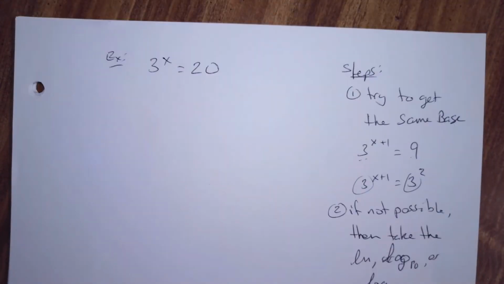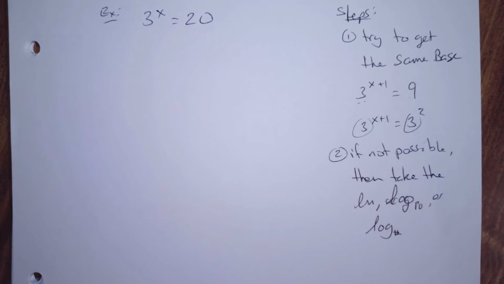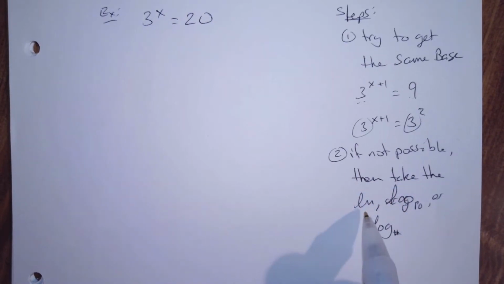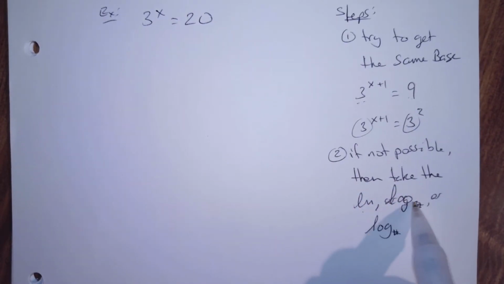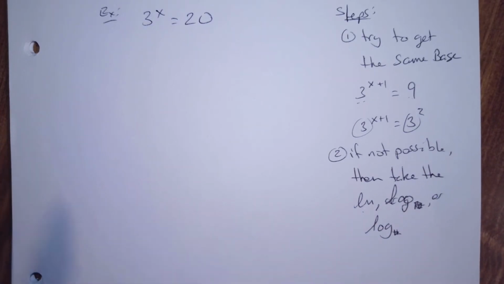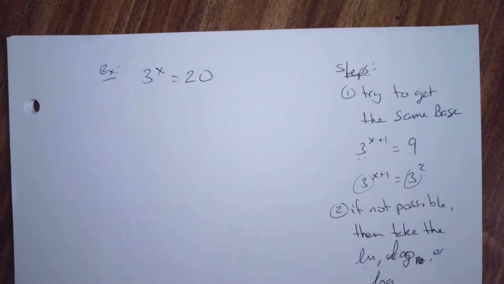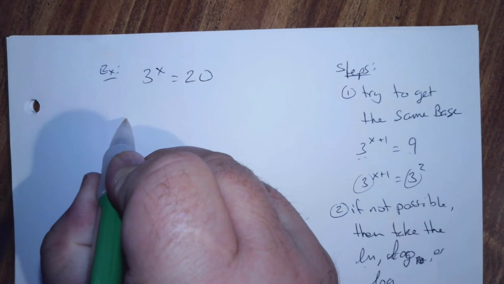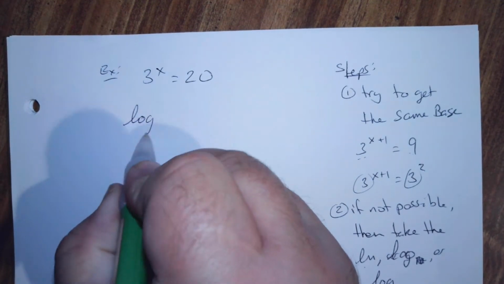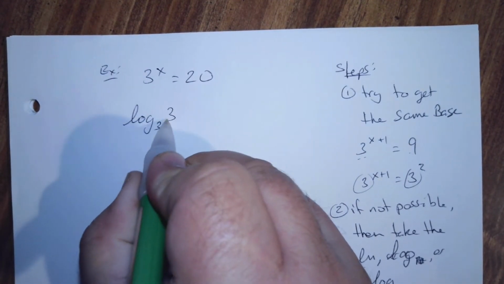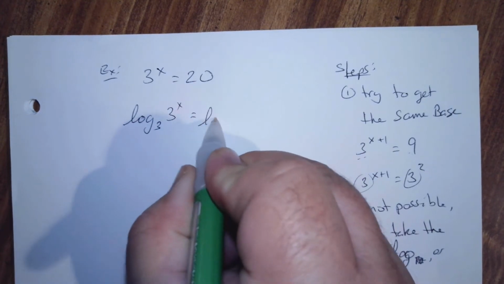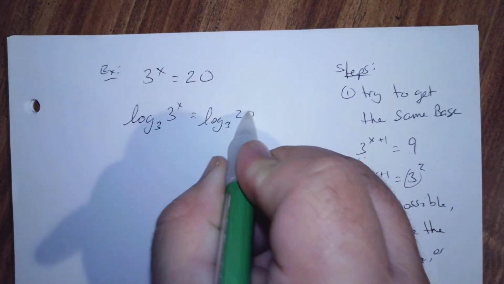So if not possible, then take the ln or log base 10 of whichever number has the variable. Here, I would take log base 3 of both sides. Log base 3 of 20.